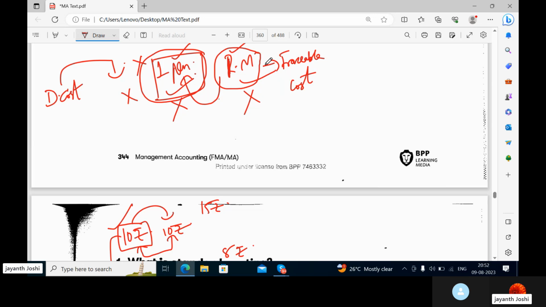I'm buying the raw material only for making the pen. If for some process you are incurring some specific expenditure, those are traceable costs. So if I want to make a pen, I want raw material, hence it's a traceable cost. And almost all the direct costs are traceable costs, because those are directly involved in making the product.